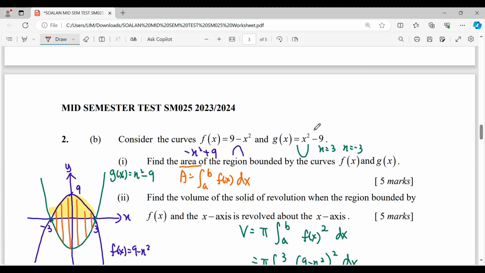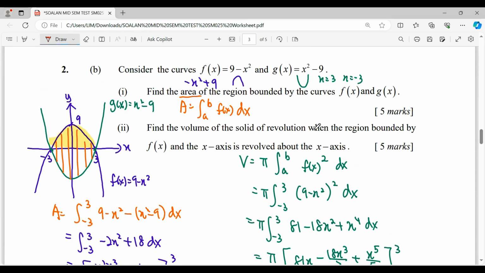Then we go for question B. In question B, most of the time students like to split up the area part by part. In your area concept, whether the area involved here is a one-curve concept or a two-curve concept will be very important.